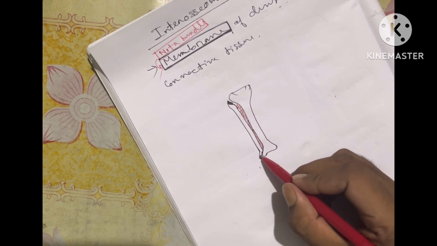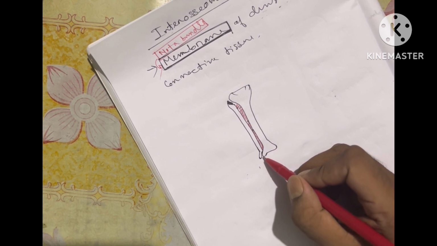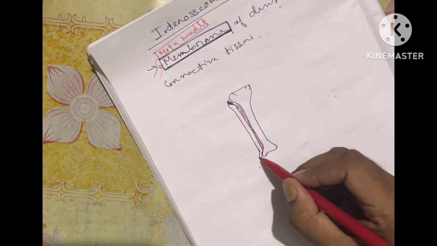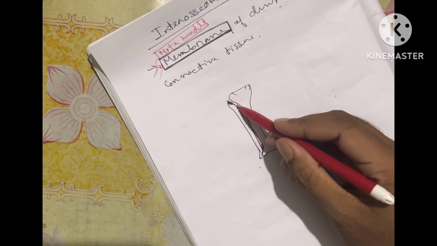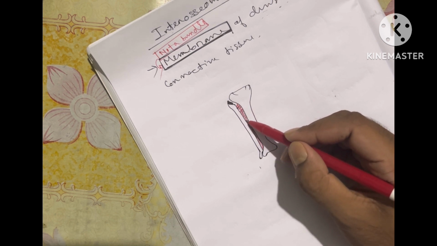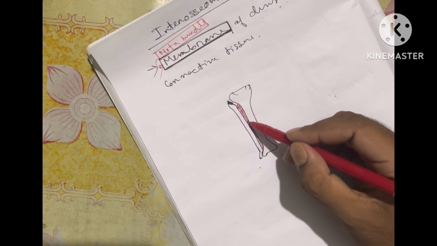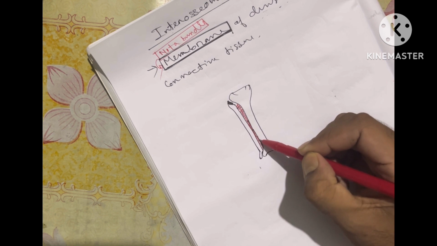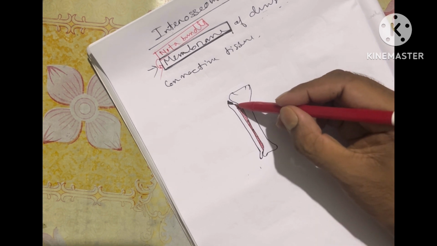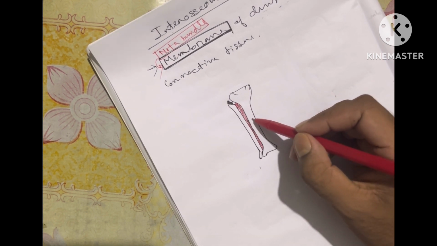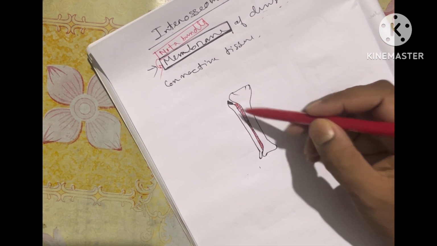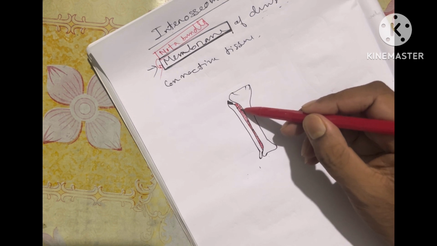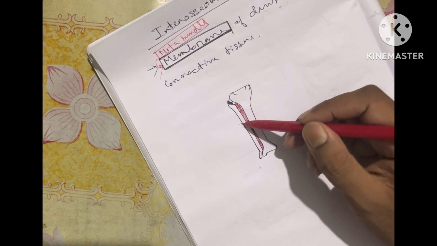But it is not present at the anterior, it's not the anterior tibiofibular ligament. It's not a ligament. It is a membrane present along the length of the bones, in between both the bones, from the superior side to the inferior side.